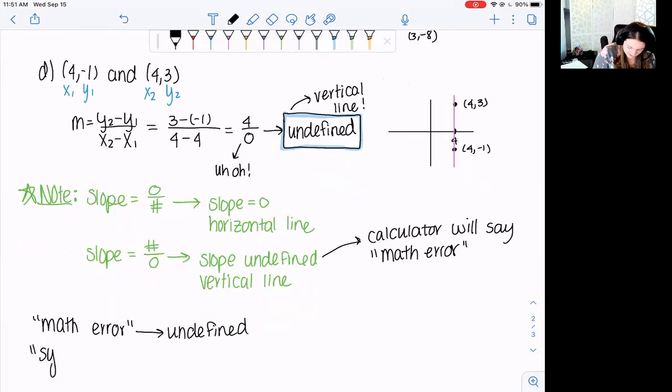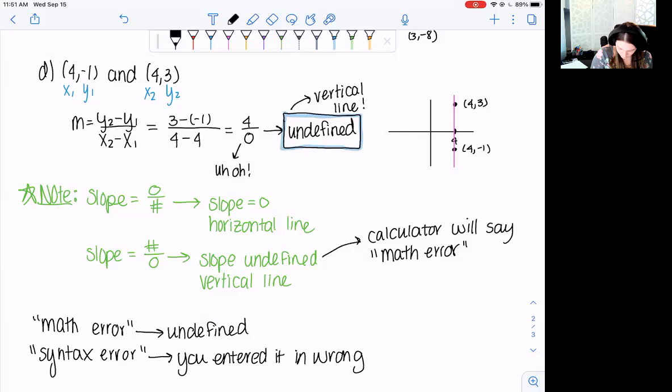If your calculator says syntax error, this means you entered it wrong and it doesn't know how to read it at all. Just some important calculator information.